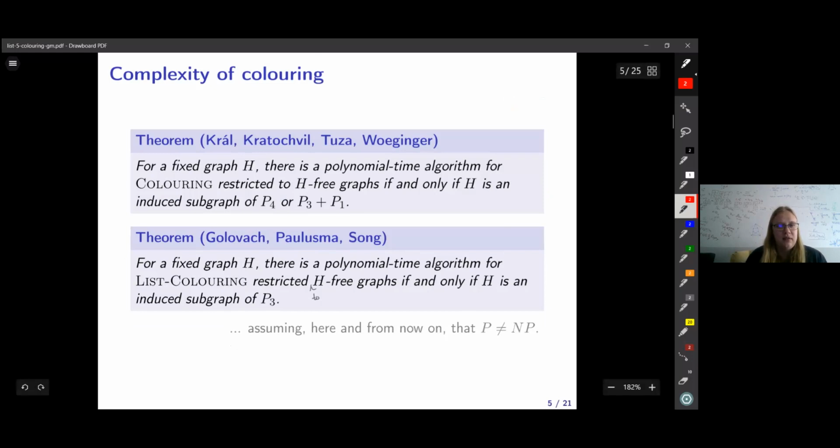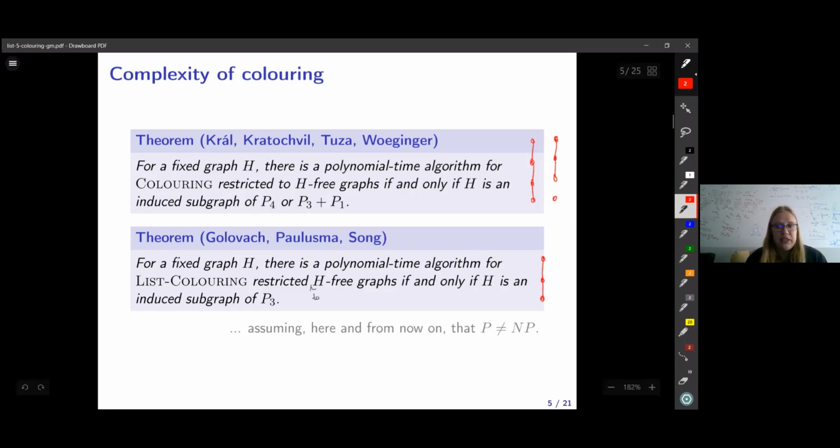They're beautiful answers, but they're not very hopeful answers, because it says if I'm coloring H-free graphs, then it's NP complete unless H is one of these two graphs or contained in one of these two graphs. So that's very restrictive. And for list coloring, the answer is worse, because H has to be an induced subgraph of this, and then graphs that don't include this are not very interesting for coloring.